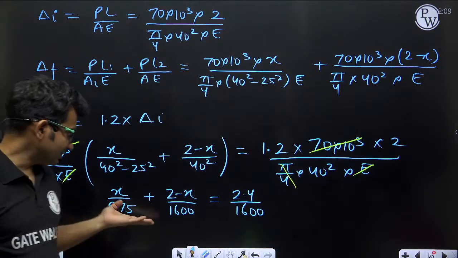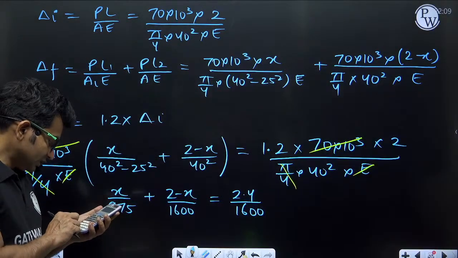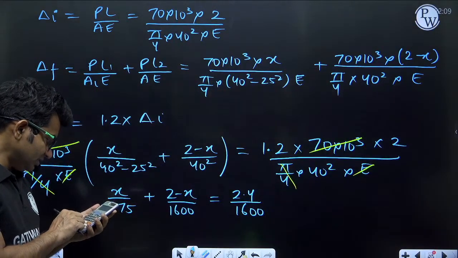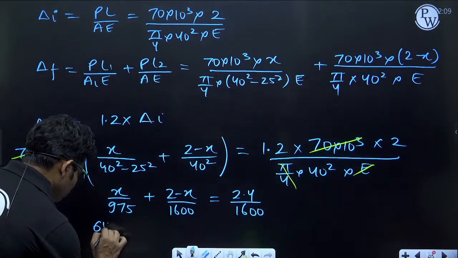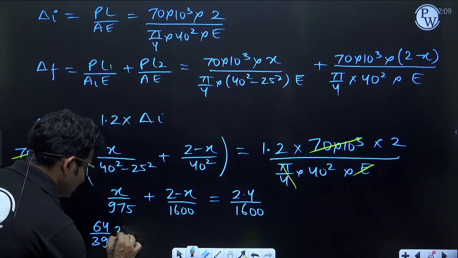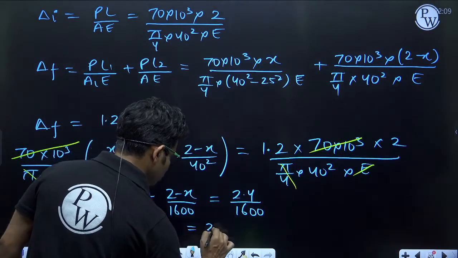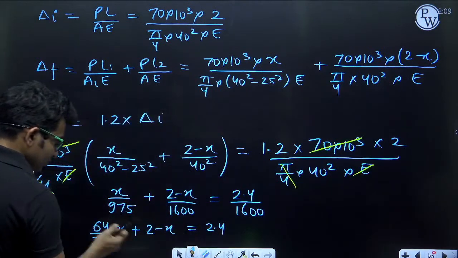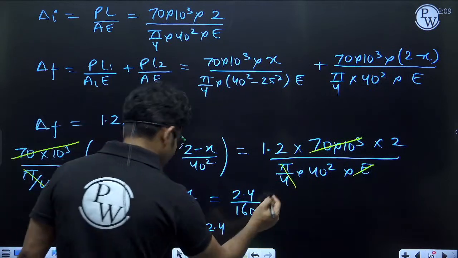We can multiply 1600 to everything. So 1600 divided by 975 will be 64 by 39. So 64 by 39x plus 2 minus x is equal to 2.4. This 2 minus x, 2 will go there, remaining 0.4.